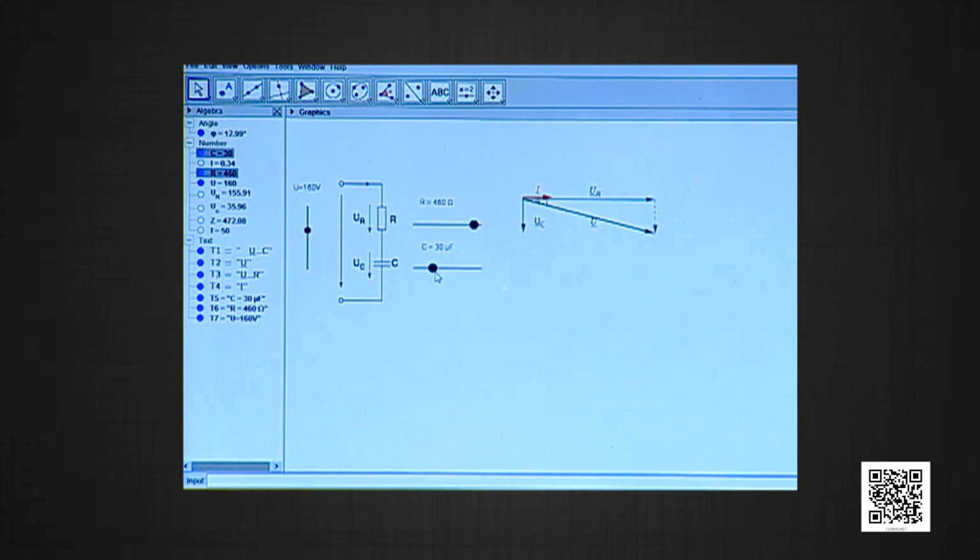Suppose I change C, the value of capacitance, you can see how the vector or the value of voltage and current varies. This way we can show how the voltage and current change across R and C when both are in series.